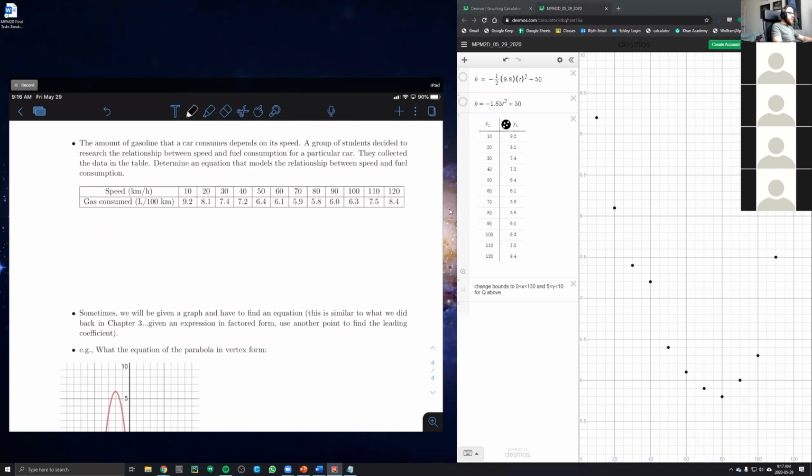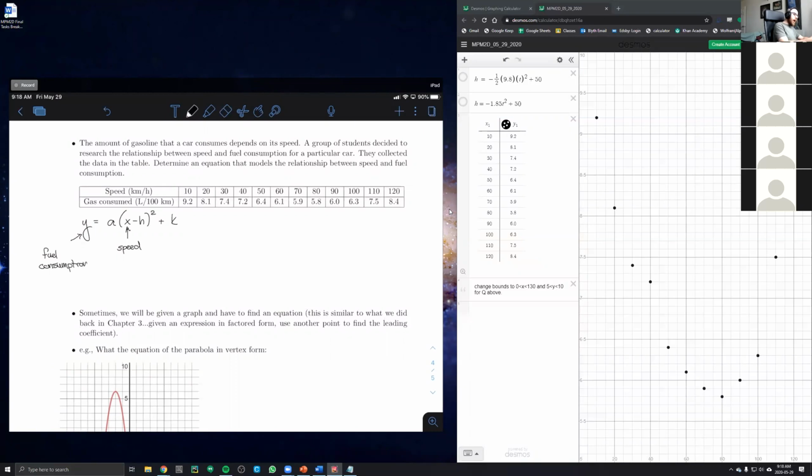So for this, I want to express or find an equation. Let's say I have y is equal to a(x minus h) squared plus k, where x is the speed that I'm driving at, and I'm going to let y represent my fuel consumption.